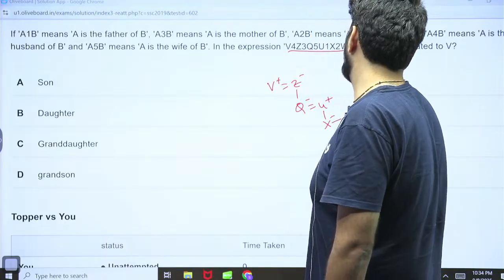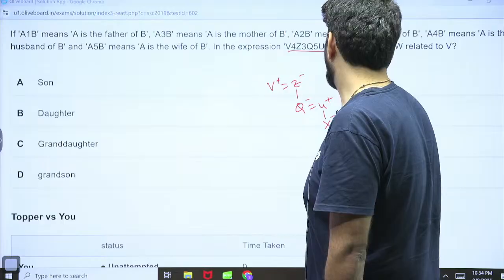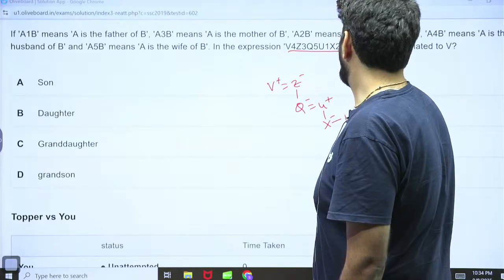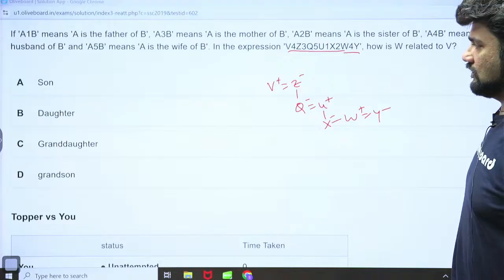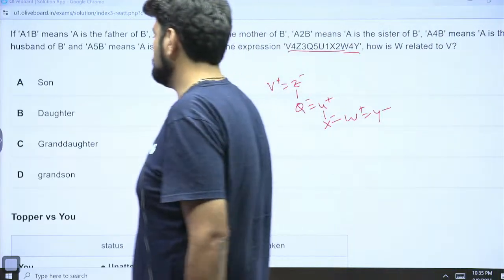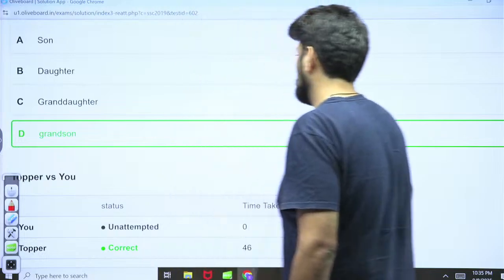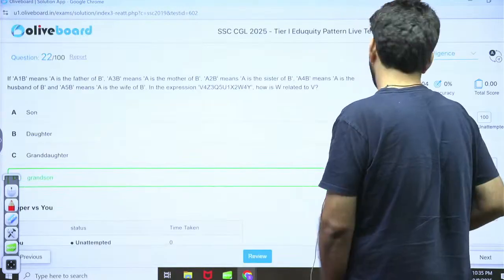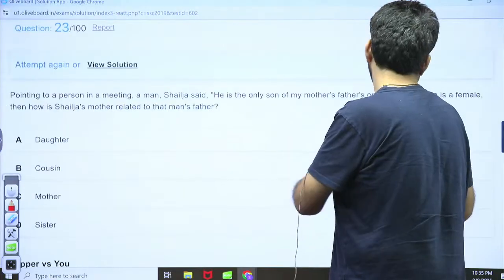So we'll have W4Y also for the gender. W is the husband of Y. W related to V, V's daughter's son, grandson. Okay, 46 seconds. Okay, not bad, but could have been brought down further.